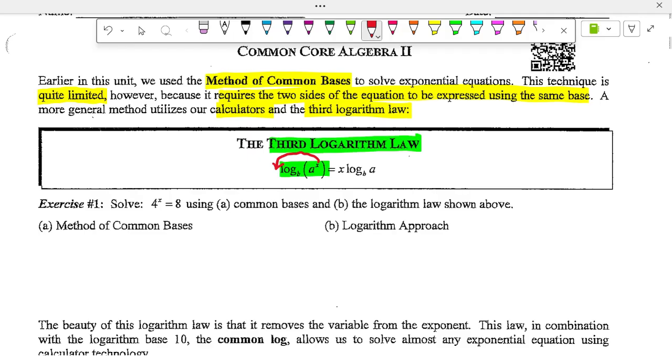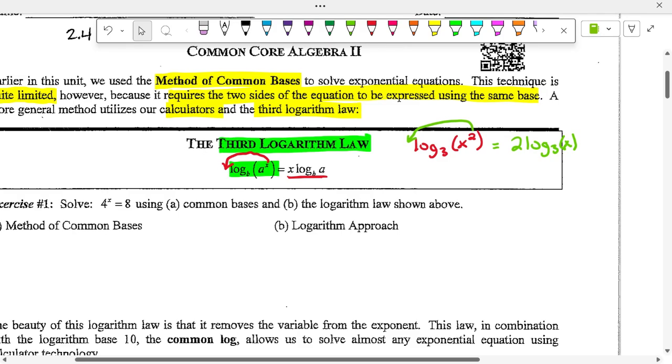So it can turn into x times log base b of a. For example, let's say that I had log base 3 of x squared. This would be the same thing if I bring this squared down to the front: 2 log base 3 of x. It's just a property of logs that we utilize a lot with this method.